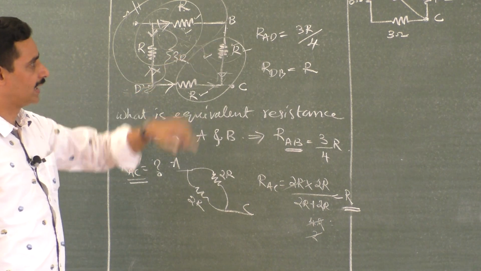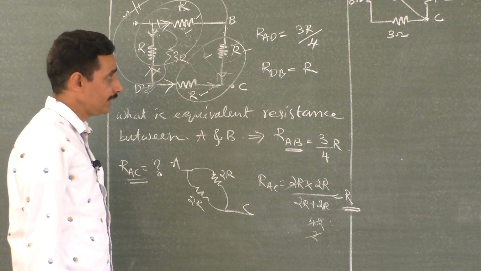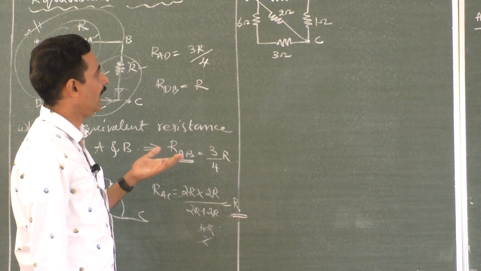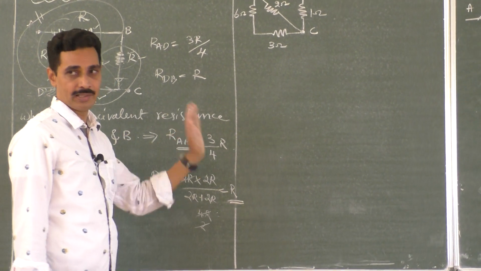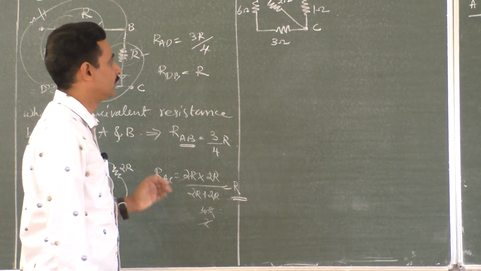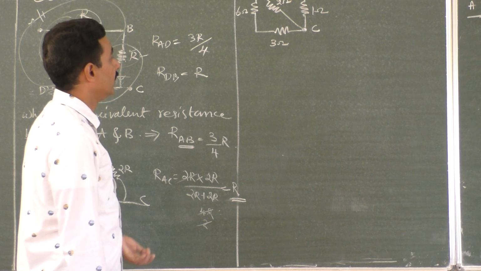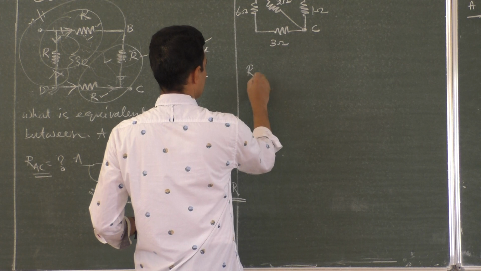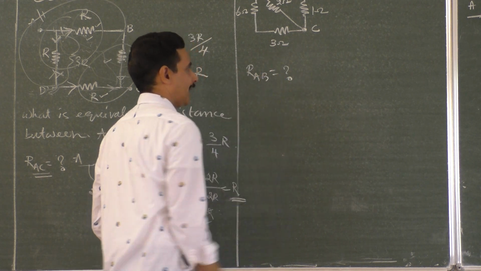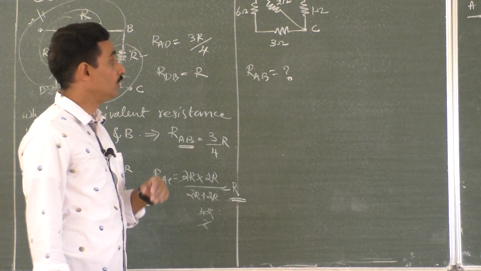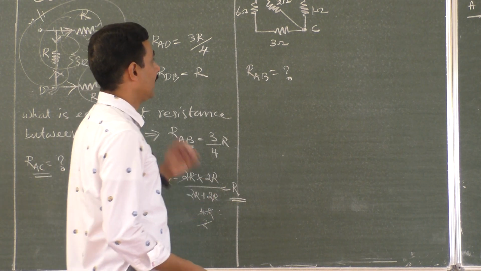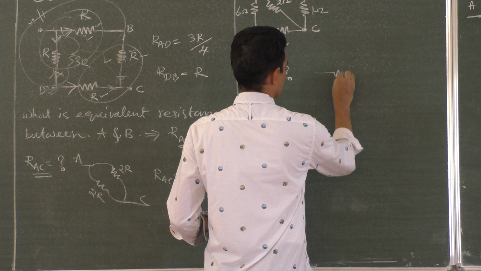Okay, now we'll move on to the next diagram. Here is another circuit. You have resistances in numerical values, and you have to get the equivalent resistance between A and B. The first question is, what is the resistance between A and B? Again, the same thing. You have to assume that there is a battery between A and B and connect it across the circuit.